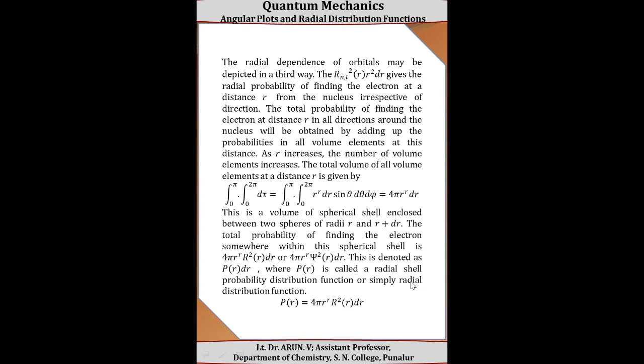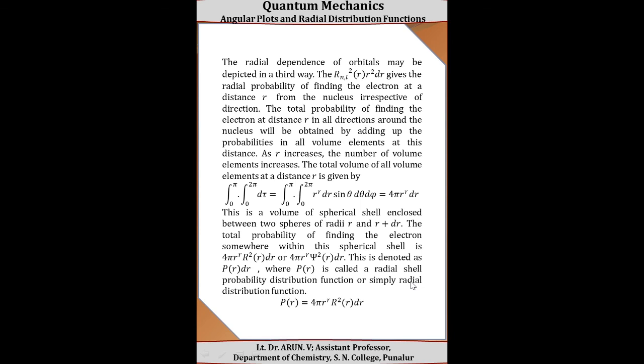That gives 4 pi r square dr, and this 4 pi r square dr is the volume of a spherical shell enclosed between two spheres of radius r and r plus dr. Therefore, the total probability of finding the electron somewhere within this spherical shell is equal to 4 pi r square into R square dr.